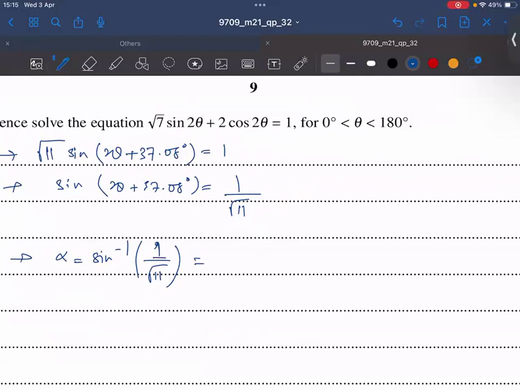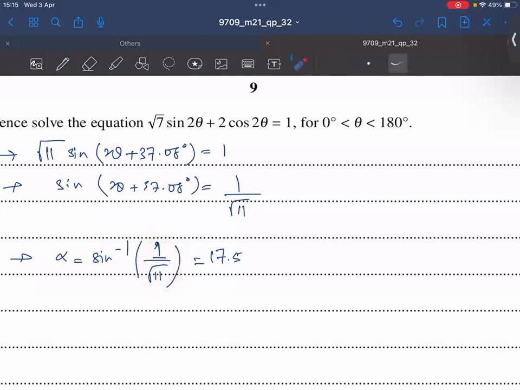The answer I got is 17.54. How can it be 17? This is 1 over square root of 11, it's not 9 over square root of 11.